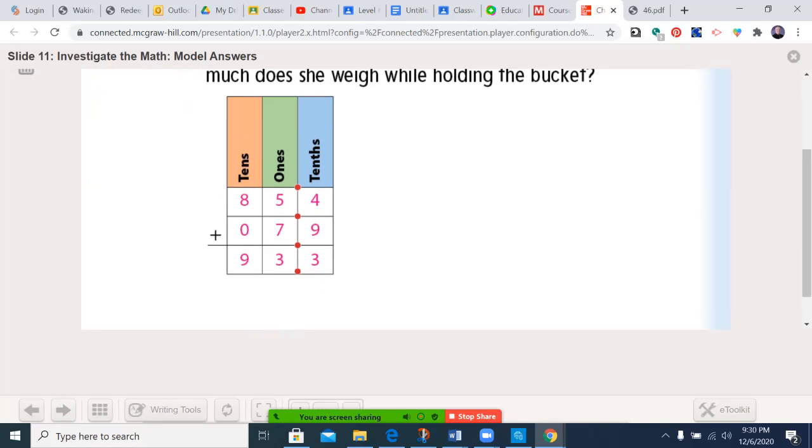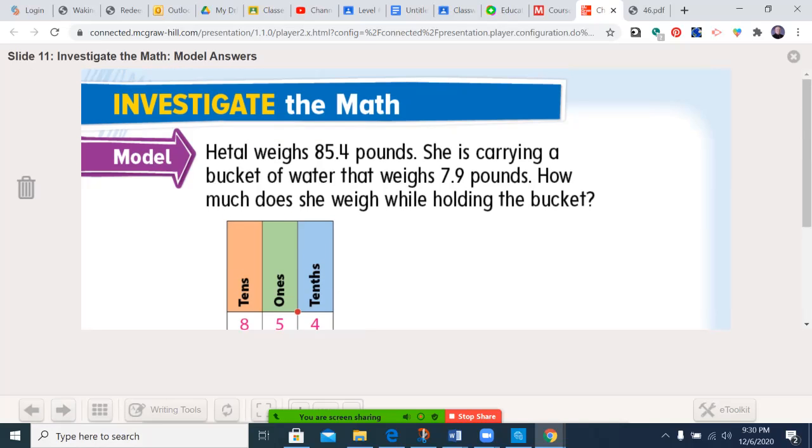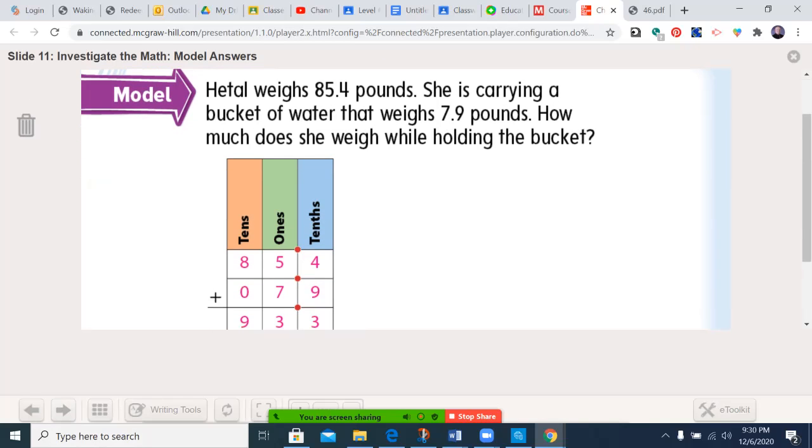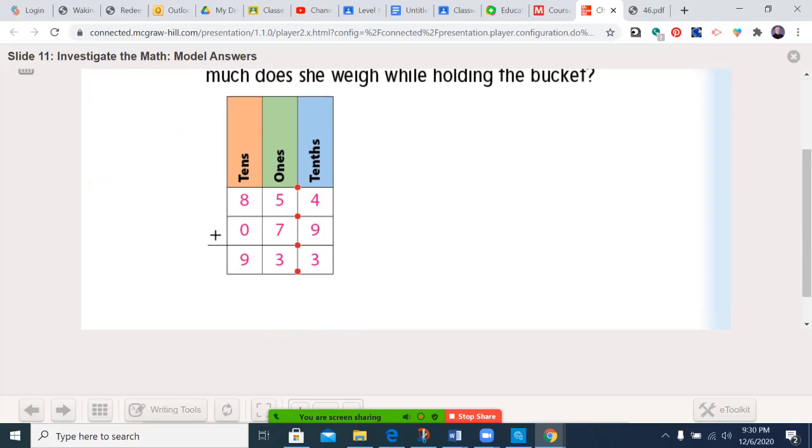In 85.4, 8 represents 8 in the tens place, which is 80, 5 in the ones place, 4 in the tenths. The bucket is 7.9, so you see the 7 in the ones and the 9 in the tenths. They went ahead and put a 0 next to it, although in all honesty, if you didn't, it shouldn't mess with your answer.